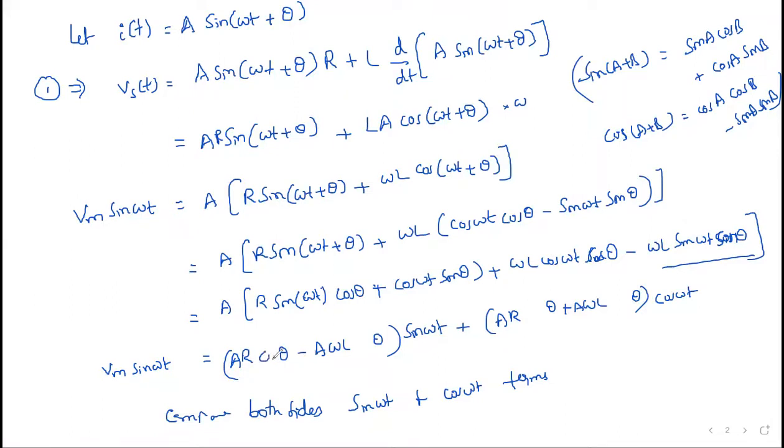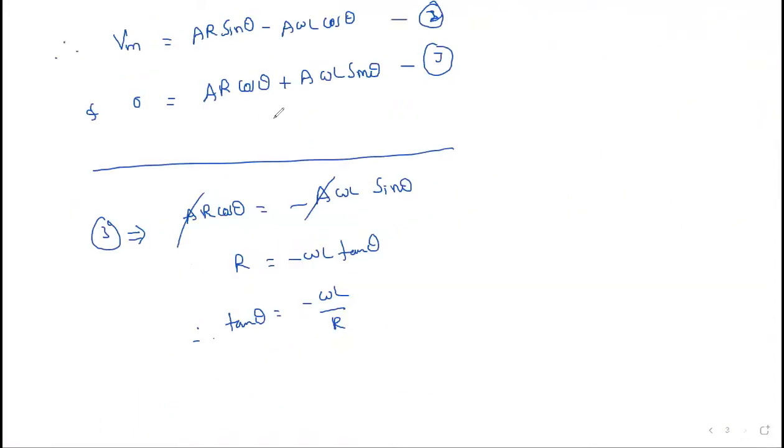Here it is cos theta, here it is sin theta, here it is cos theta, here it is sin theta. Okay, now it is okay. Now it is cos, it is cos, it is sin, it is sin, it is cos. Tell me, what is this?